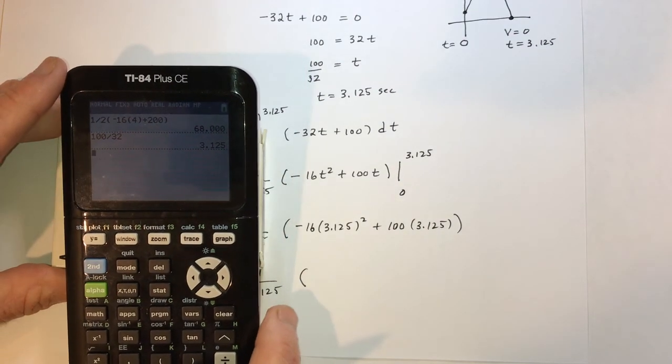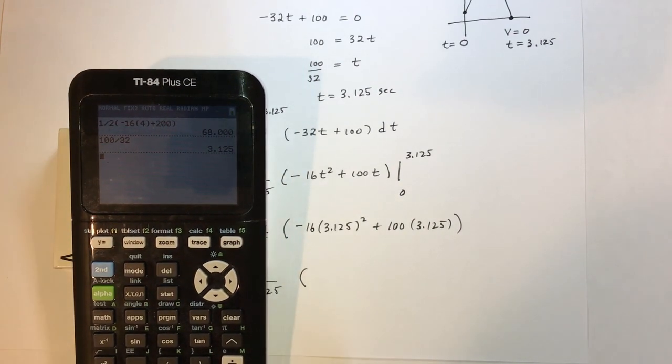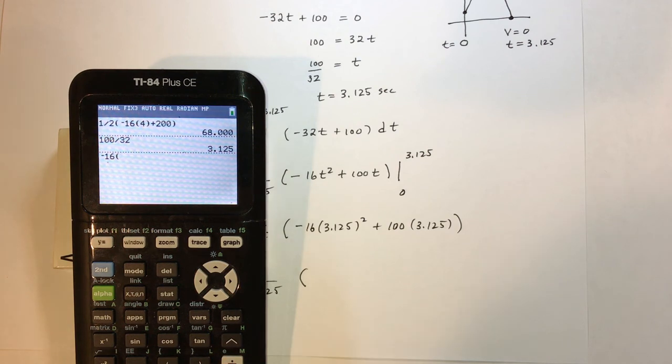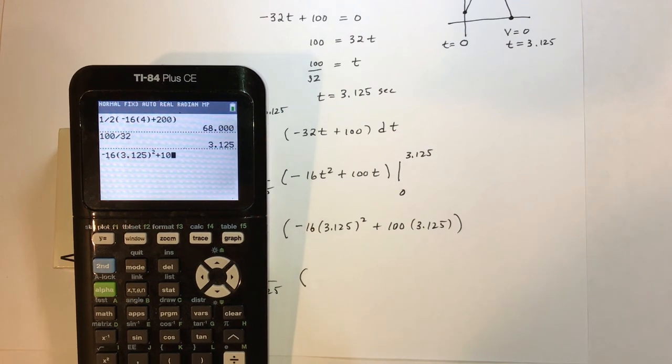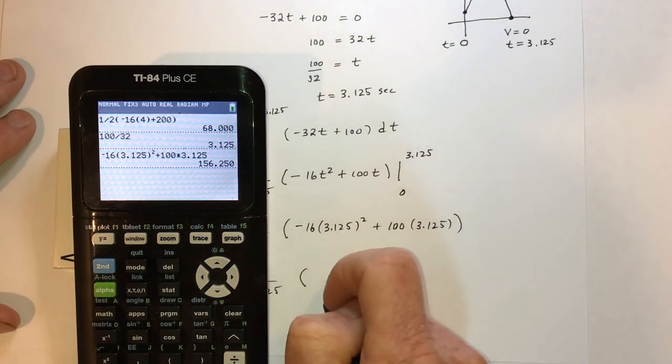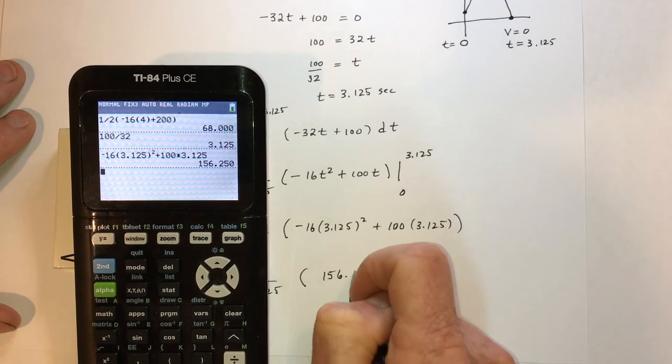So inside the parentheses, we've got a negative 16 times 3.125 gets squared plus 100 times 3.125, and it equals 156.25.